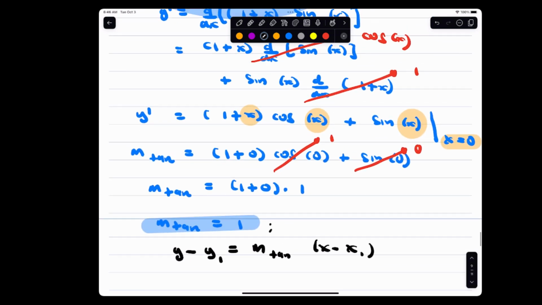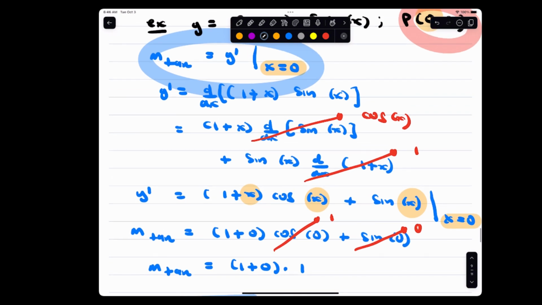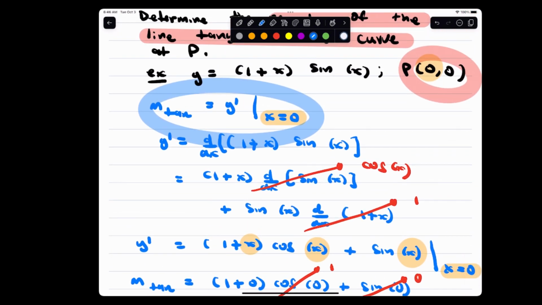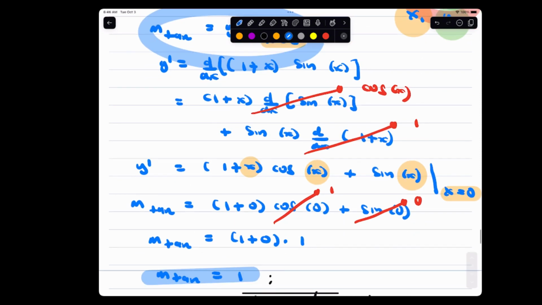Now, the location 0, 0, that point, right? I'm going to use some colors here. This is going to be over here. This is your x1 and this is your y1. So you have x1 and y1, and they're both 0.